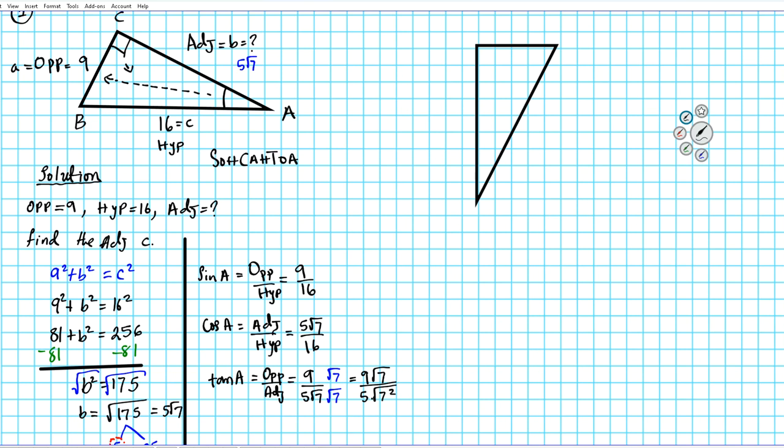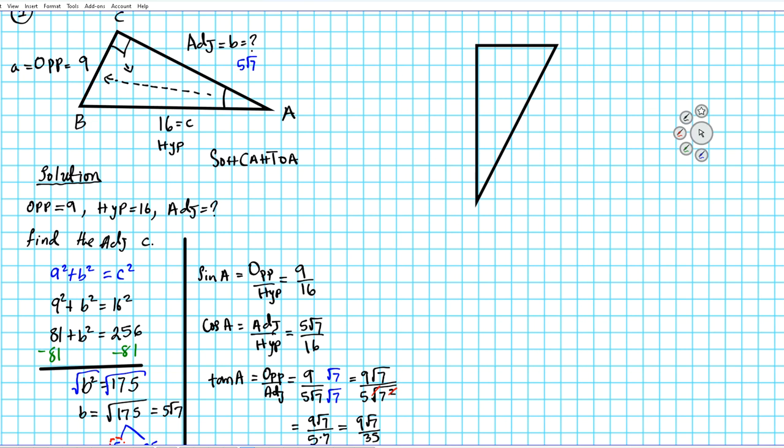Or you can write it as root 49, it doesn't really matter. But the bottom line is that you're going to be having the square of a square root, so those two will cancel out. And then you're going to have 9 root 7 divided by 5 times 7, which is 35. And there goes your tan right there.